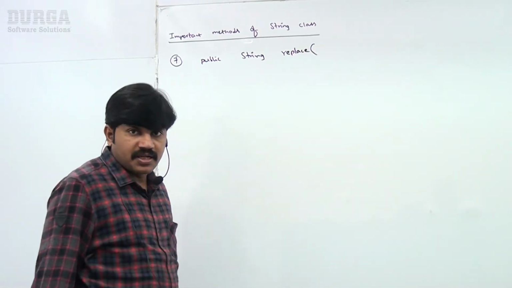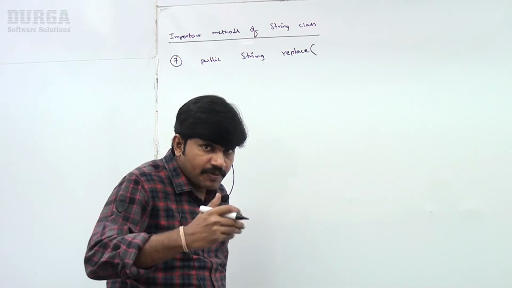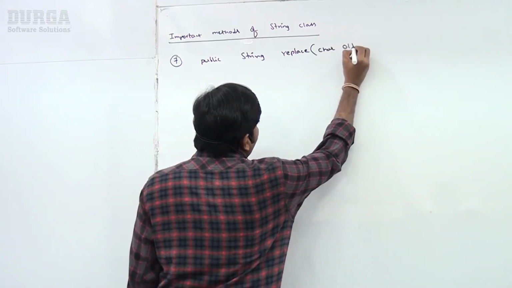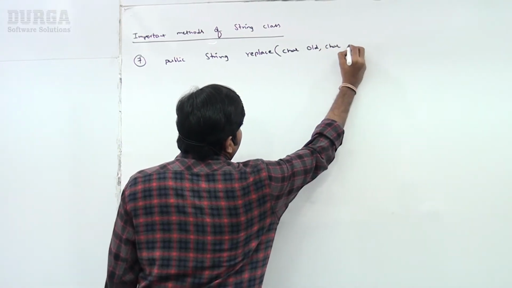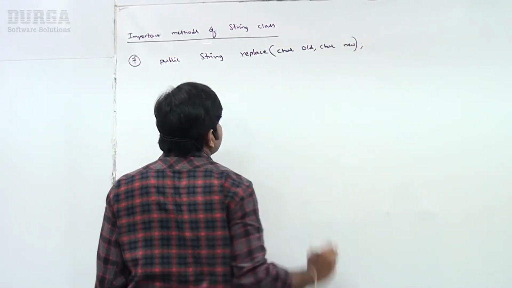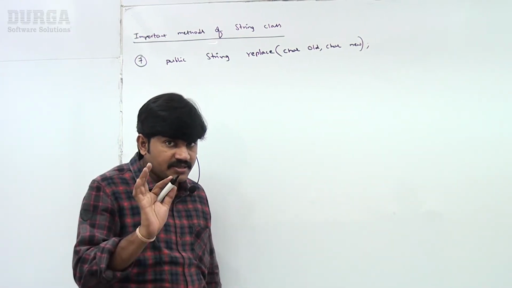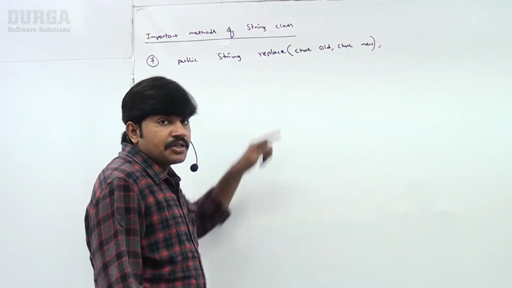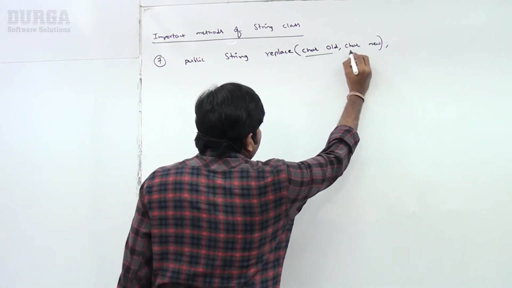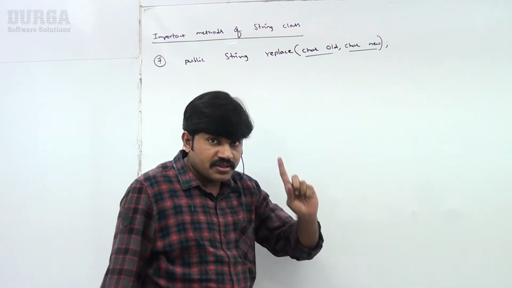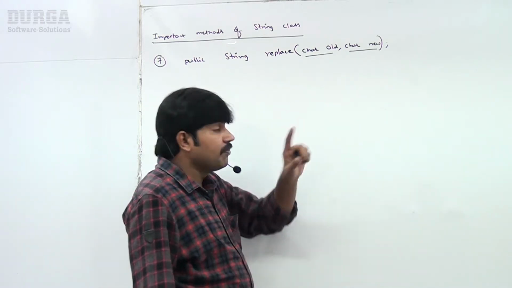Replace every character with a new character: char old character, comma, char new character. Replace is the method to replace every occurrence of this character with this character. That is the purpose of the replace method, right?